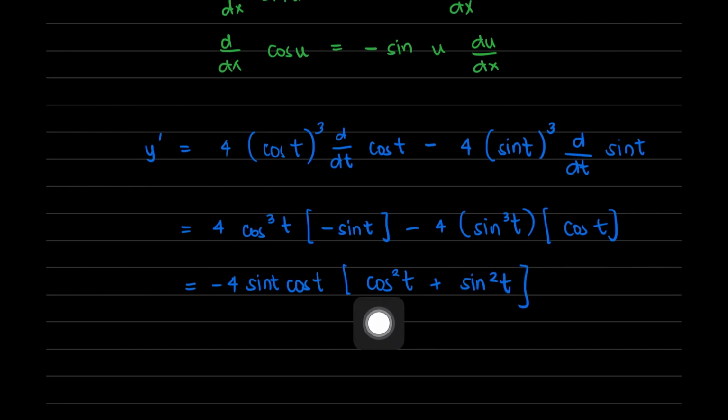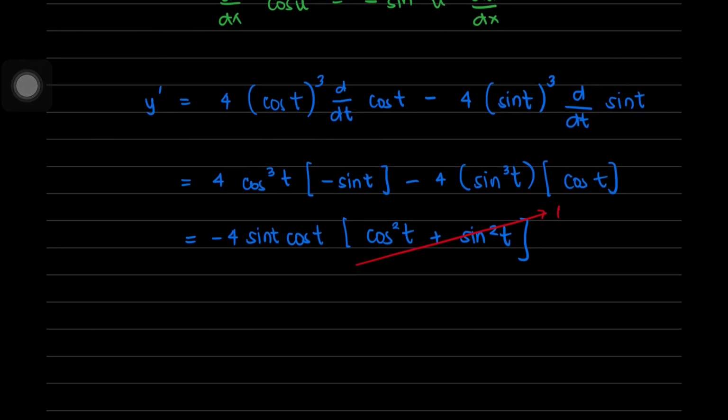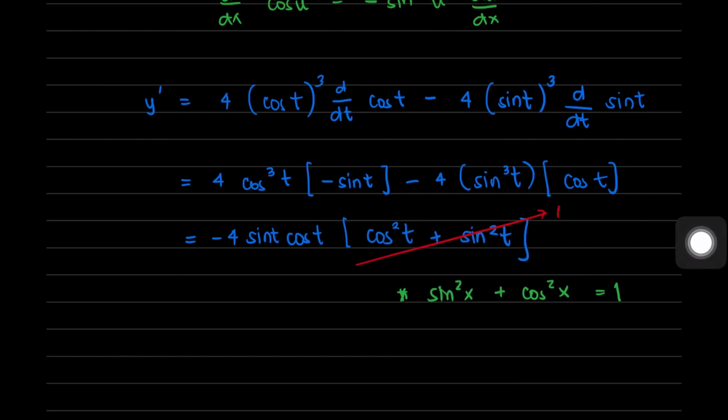Now, cosine squared of t plus sine squared of t has an identity, and this is equal to 1. Right? So you have to know that sine squared of x plus cosine squared of x is equal to 1. And since this one is cosine squared of t plus sine squared of t, then that's also equal to 1.